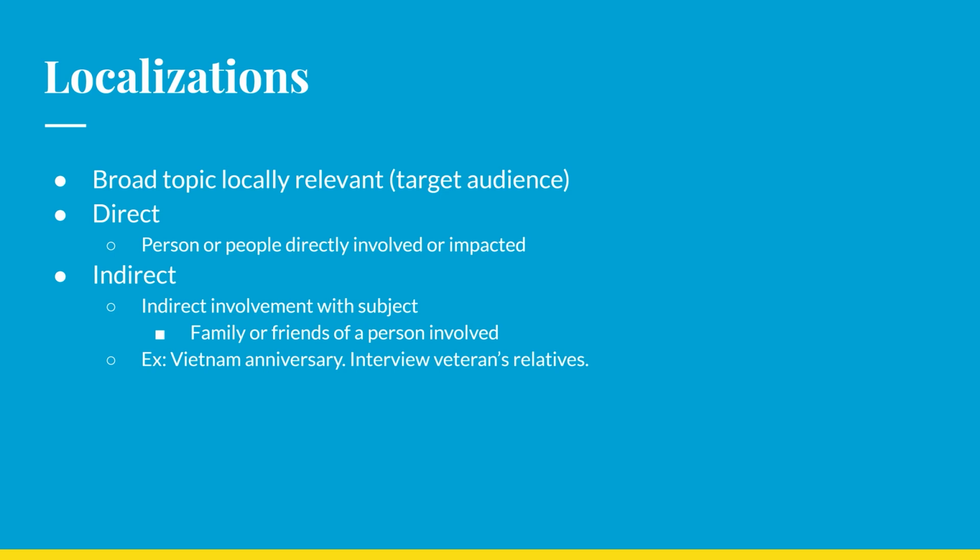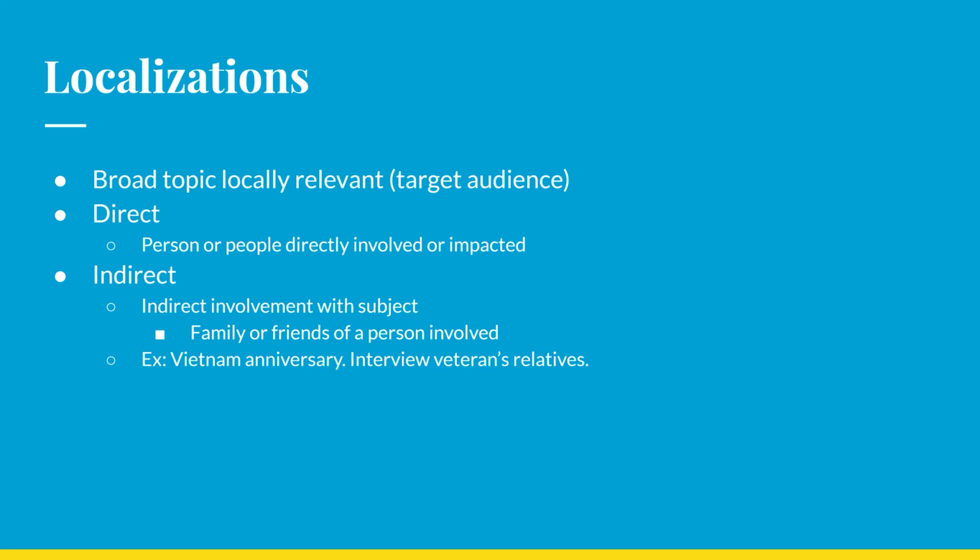Indirect, you're looking at maybe someone who knew a pop star when she was younger and wants to share how happy they are that she's on The Voice or whatever show it is. Or if you're doing a feature on Vietnam veterans or the Vietnam anniversary, you can interview relatives of the veterans who may have passed away already.